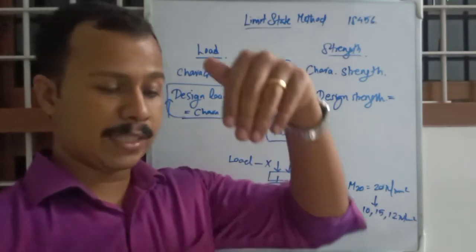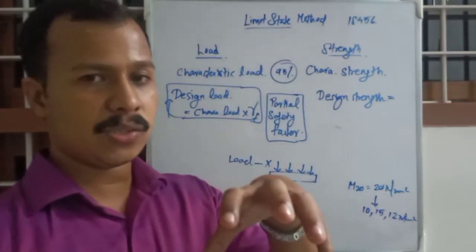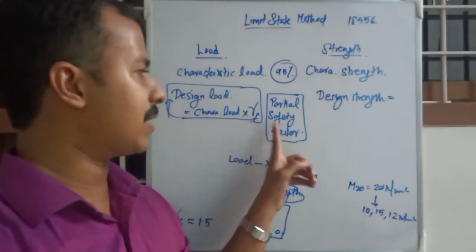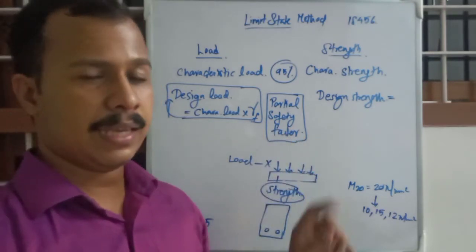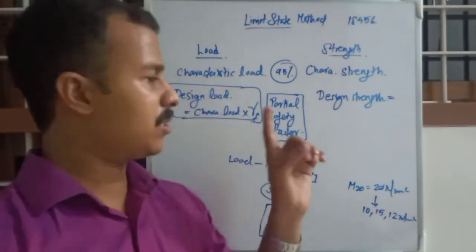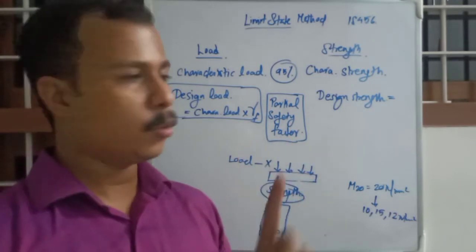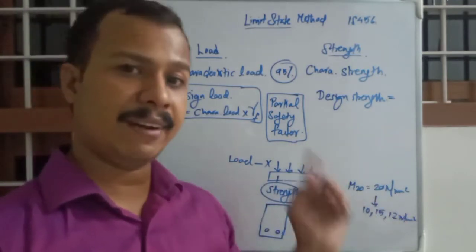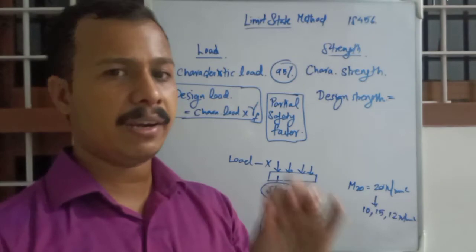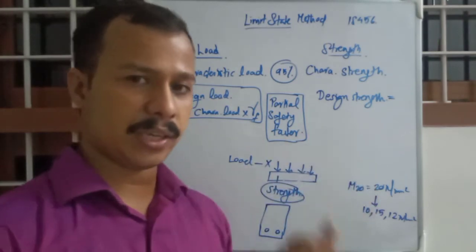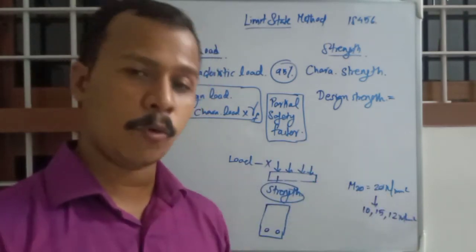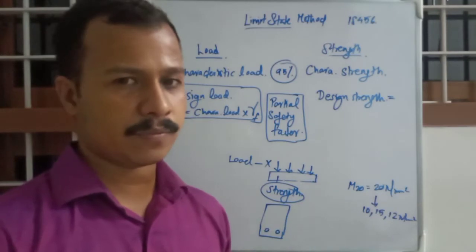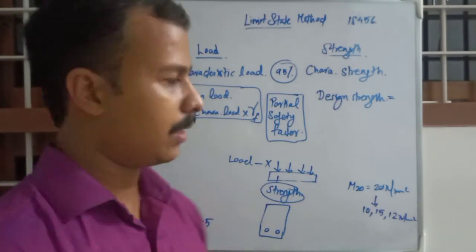Okay, so in case of load, we will maximize by multiplying with the partial safety factor, but the same partial safety factor we will use here, but we will divide it. We will divide FCK so that it gets reduced, and we will divide Fy so that it gets reduced. You get the point.